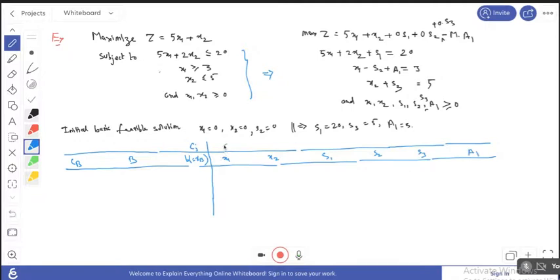The costs are 5, 1, 0, 0, 0, and minus M due to the maximization problem. The basic variables are s1, a1 and s3, with values 20, 3 and 5, and costs 0, minus M and 0.